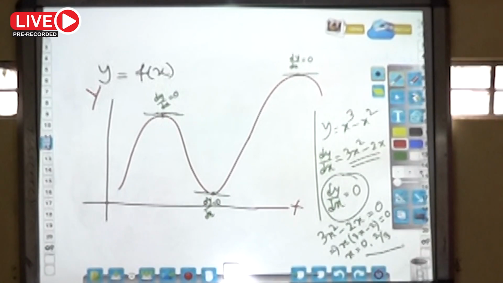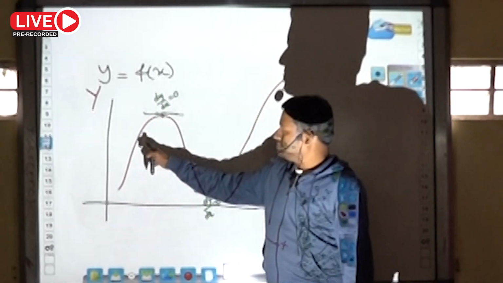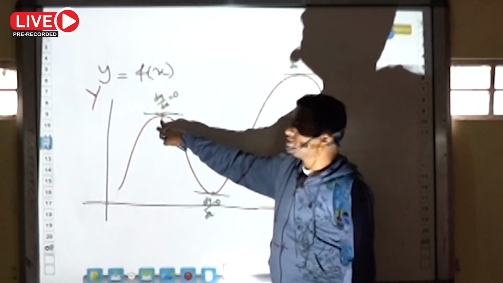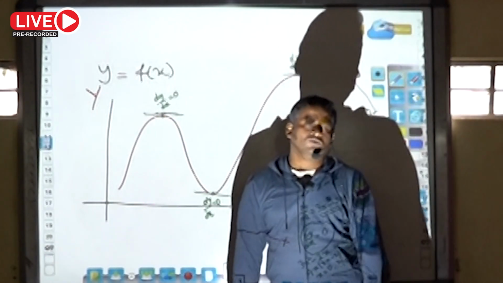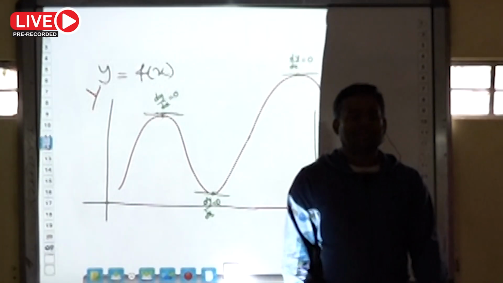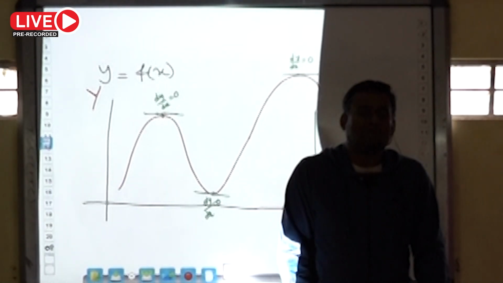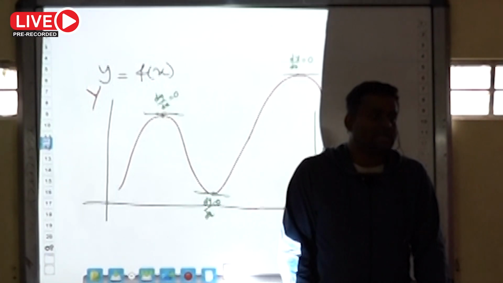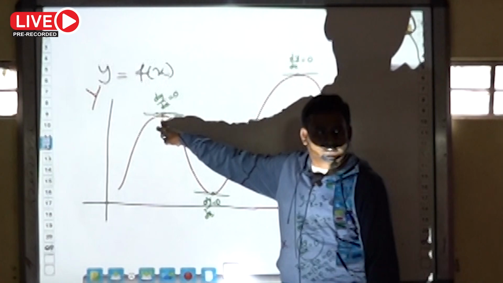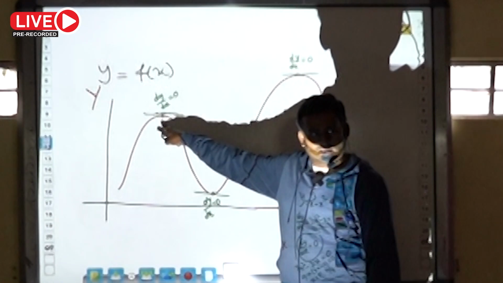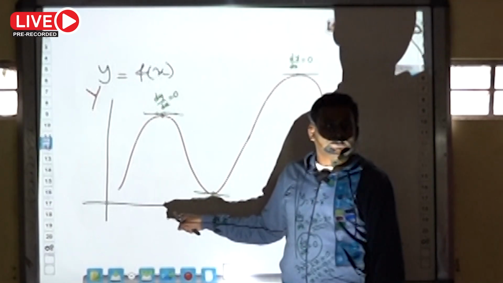Now think of, suppose a mountain climber is climbing and reaches this point. Now if I ask you whether his climbing is complete, what will you say? Climbing completes at this point, the peak. Okay? Now, whether his downward movement begins?